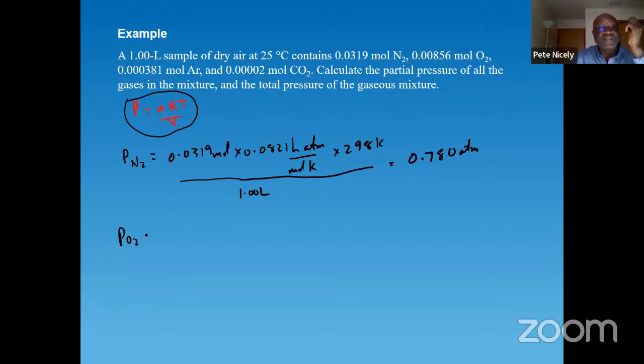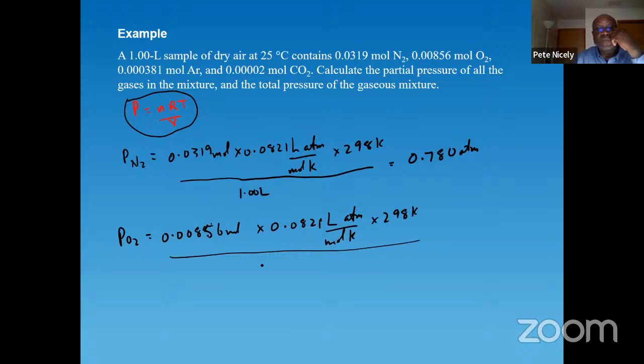The partial pressure of oxygen would be equal to the number of moles, which is 0.00856 moles times R, which is 0.0821 liters atmospheres over mole Kelvin times the temperature, which is 298 Kelvin, all divided by 1.00 liters. And let's see what that gives.